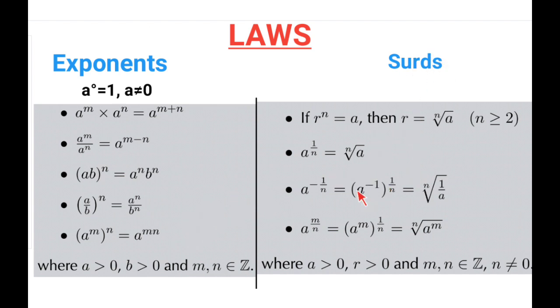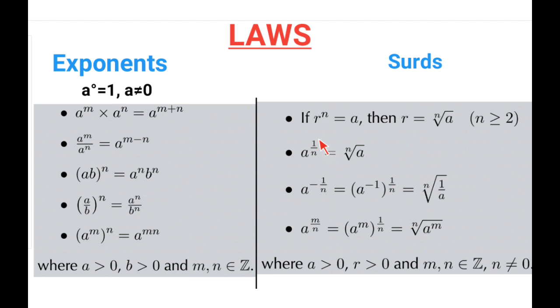Also, with surds, if you have a power with a rational exponent, in other words, an integer over another integer, that means therefore that if you've got a to the power of m over n, for example, that simply means you can express that rational exponent in surd form as such: the nth root of a to the power of m.